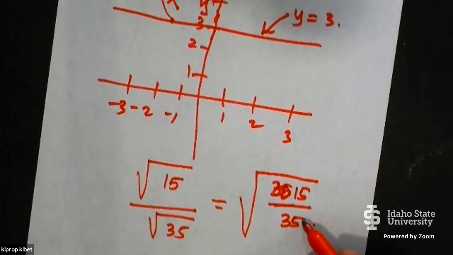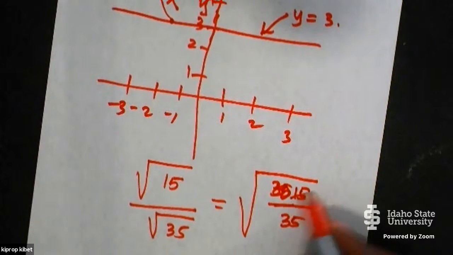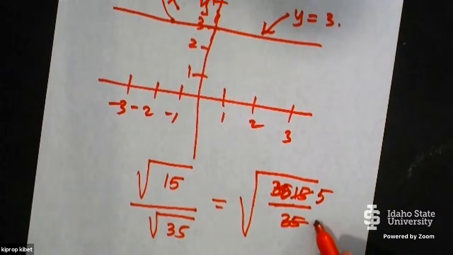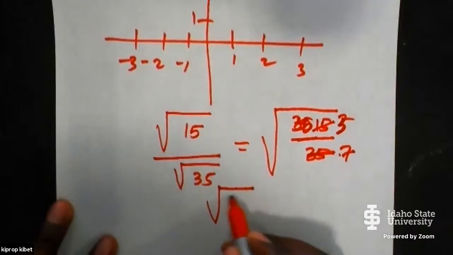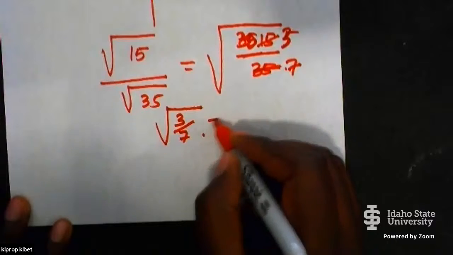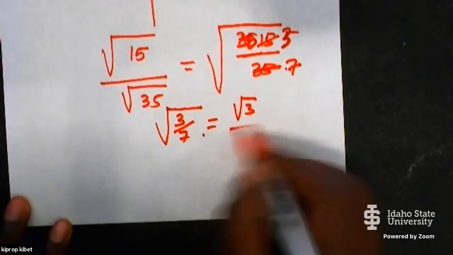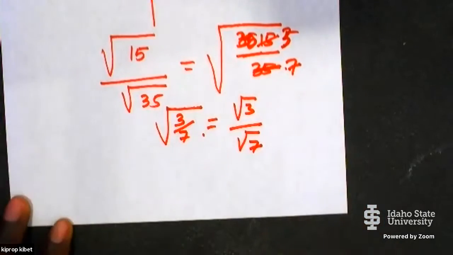Then you simplify. Divide by 5, and this is 3, then divide by 5 and you get 7. So it is equal to the root of 3 over 7, which you can still write as the root of 3 all over the root of 7.